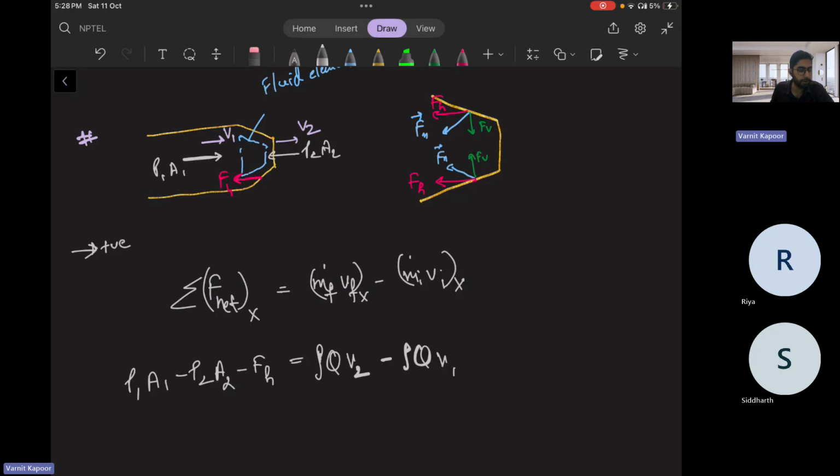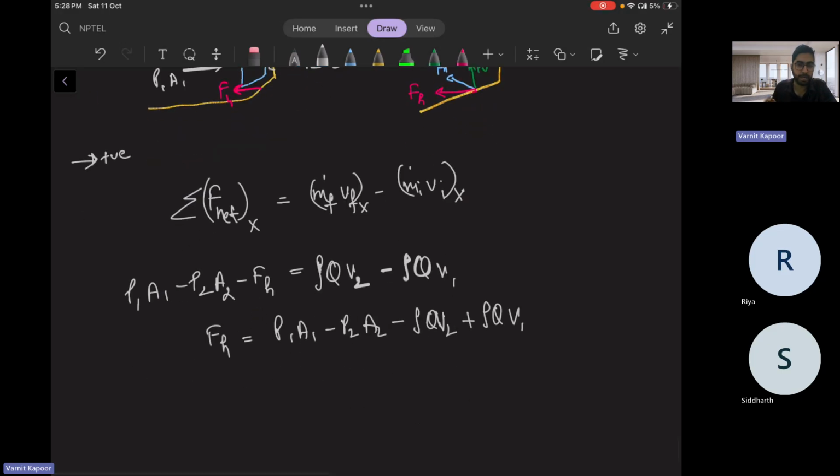So rho Q V2 minus rho Q V1. So your horizontal force will be P1A1 minus P2A2 minus rho Q V2 plus rho Q V1. This is on the fluid by the body.